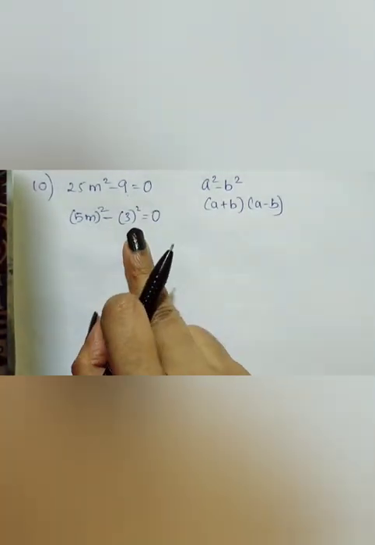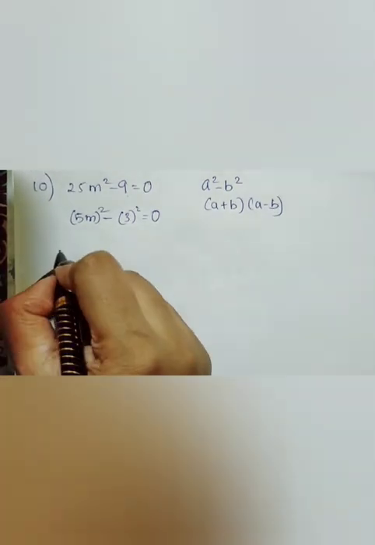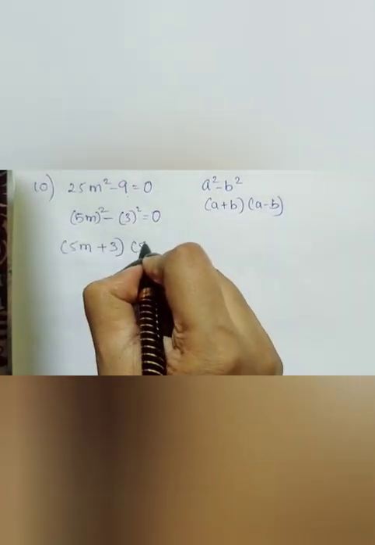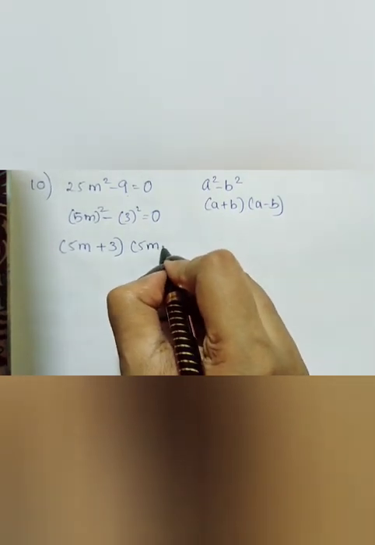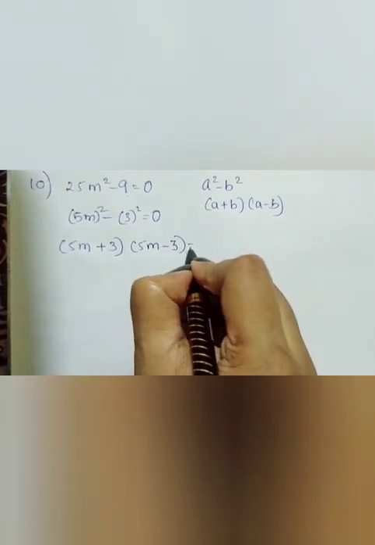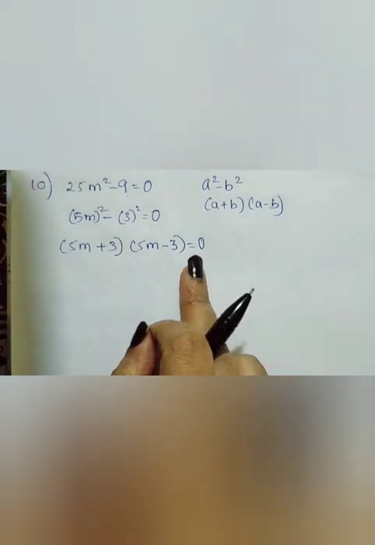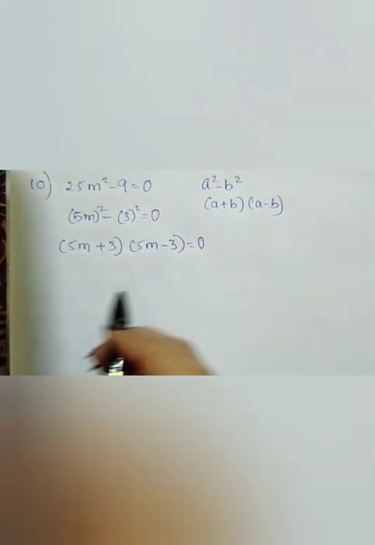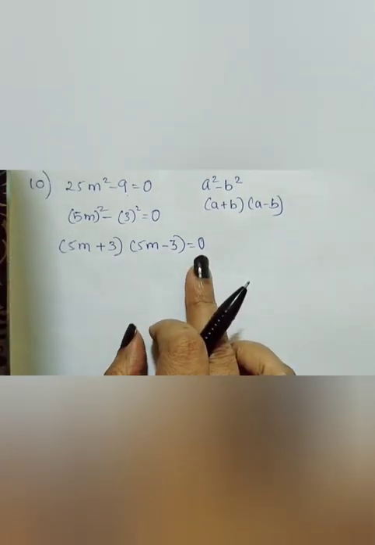Now we got this in this form. We are going to write 5m plus 3, 5m minus 3 is equal to 0. I hope you understood. We have to factorize this. We got the factor of this equation.